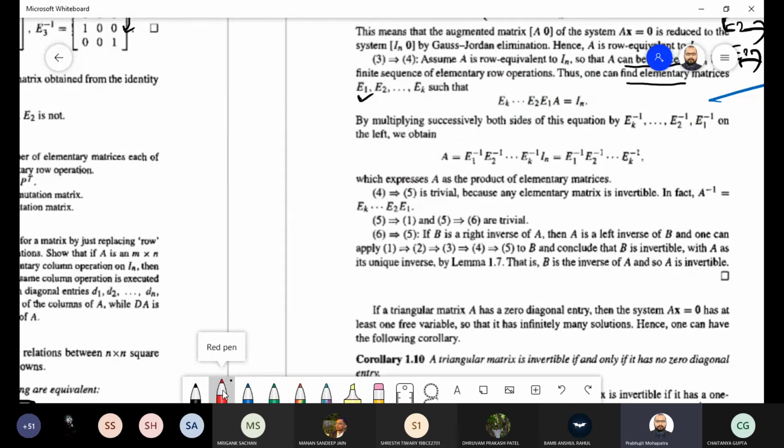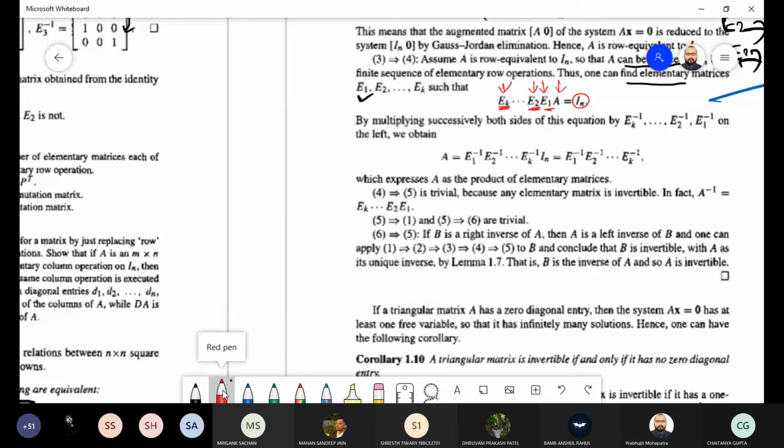See, our matrix A was there. If we multiply by different elementary matrices, meaning row operations, you are doing so many operations. Each elementary matrix is one row operation. If you do those row operations, you can finally get the identity matrix.